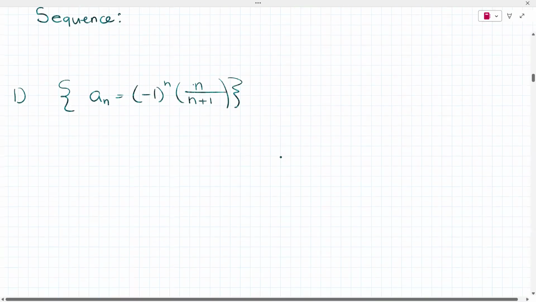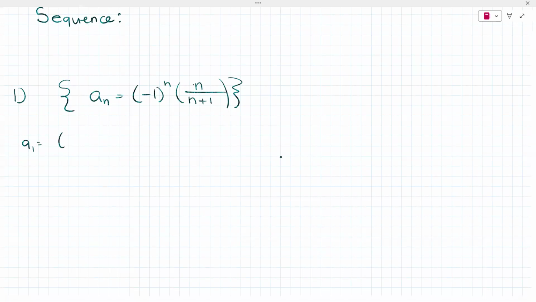Let's first find the first term, a1. Wherever you see an n, just replace it with 1. So this is going to be -1 raised to the 1, and then 1 over 1 plus 1. -1 times 1 is -1, and 1 plus 1 is 2. So that's -1/2.